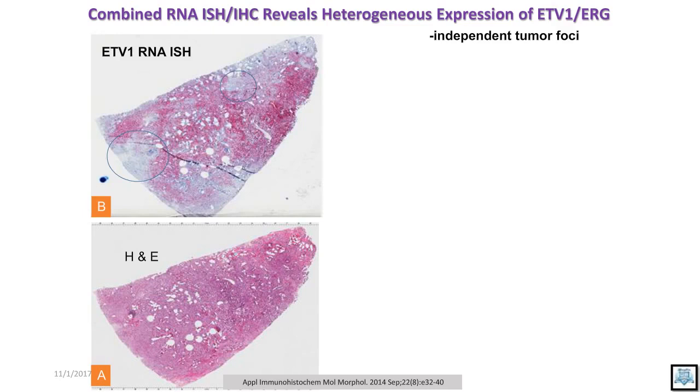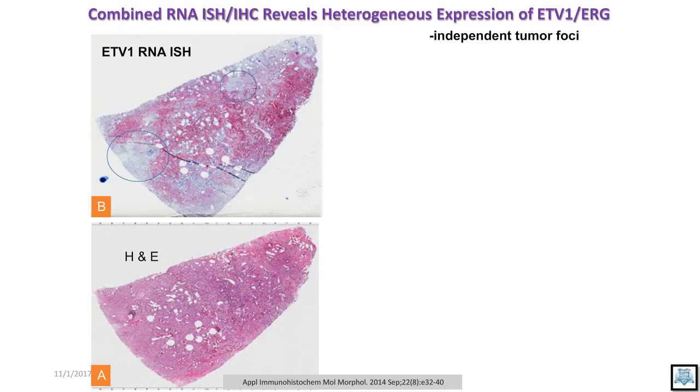When we developed the RNA in situ hybridization method, we stained this with RNA-ISH and saw good staining over most of the tumor area, except there are two areas, which are still cancer, where we did not find any staining for ETV1.